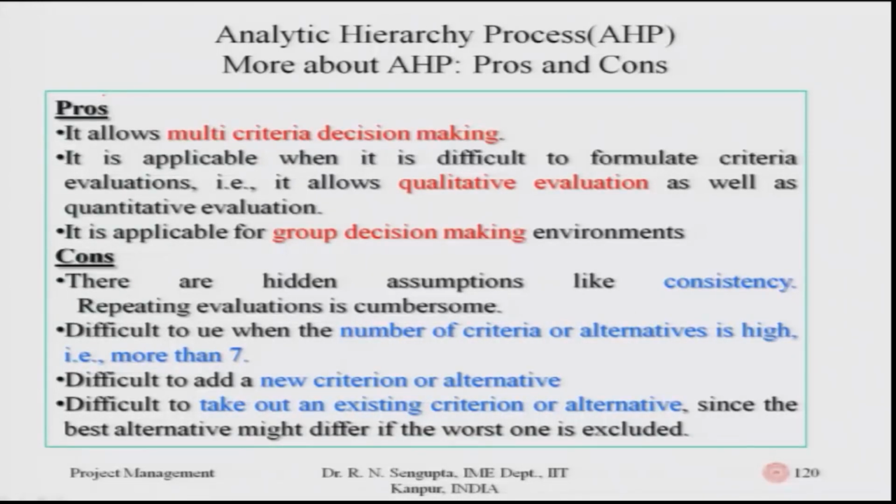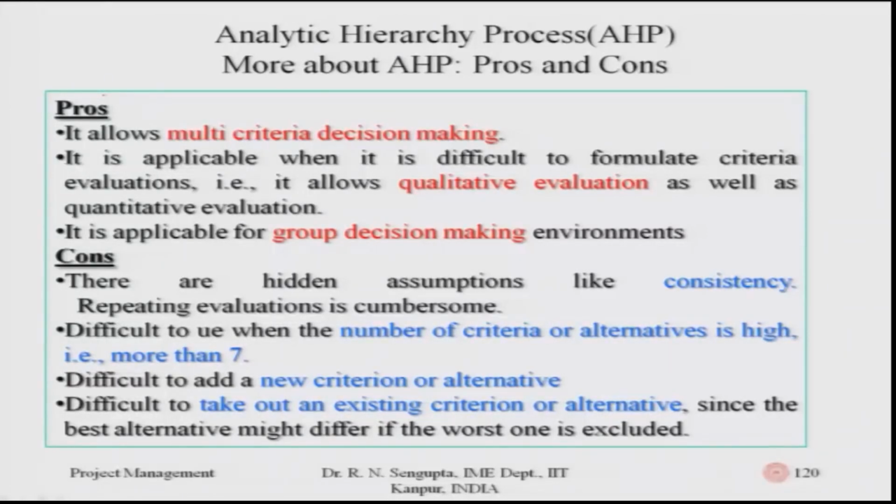Also, rationality may not be there in many decision making processes, because if you consider the concept of consistency ratios and the index, it will give you a good picture of whether the decision based on the criteria or all the alternatives is rational or not. It is applicable for group decision making environments and gives you a collective decision of how different sets of people make a decision.